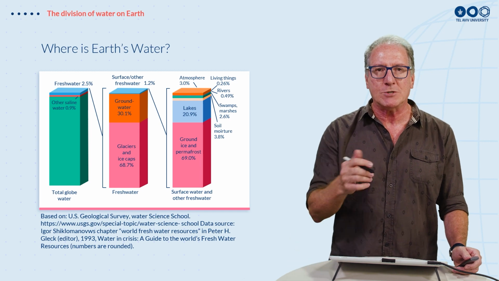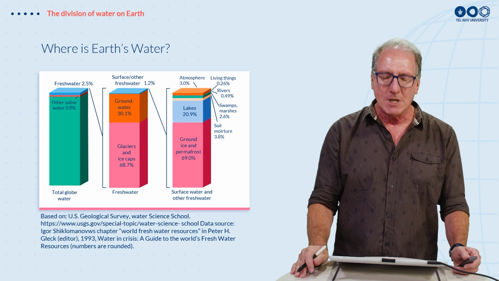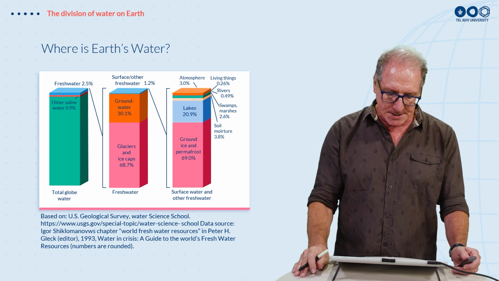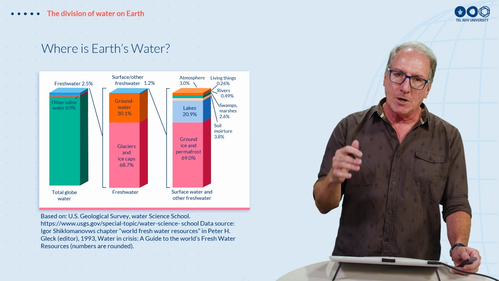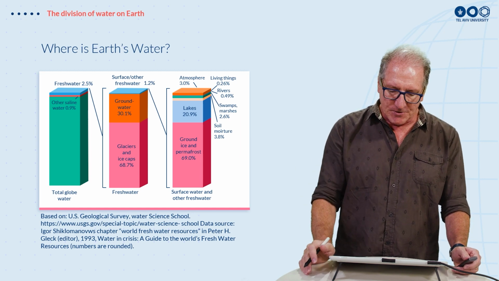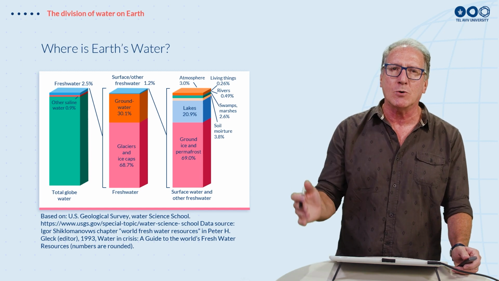And if we zoom into that 1.2%, we see that, again, most of this is frozen on the surface, whether it's mountain glaciers, in frozen land, what we call permafrost, lakes, and then we can see a very small amount at the top, which is also in the atmosphere, if we're looking at the water in the whole system.